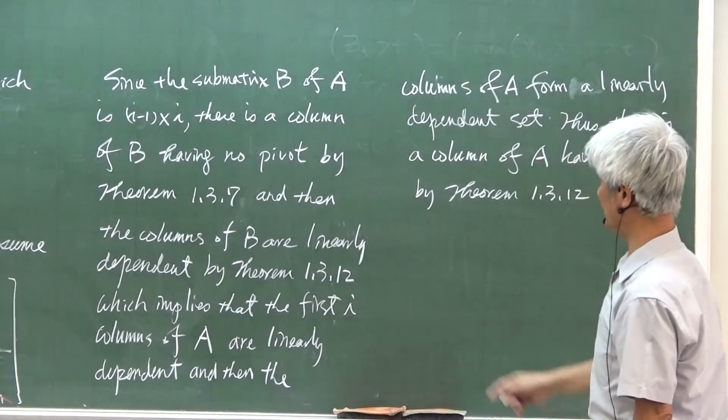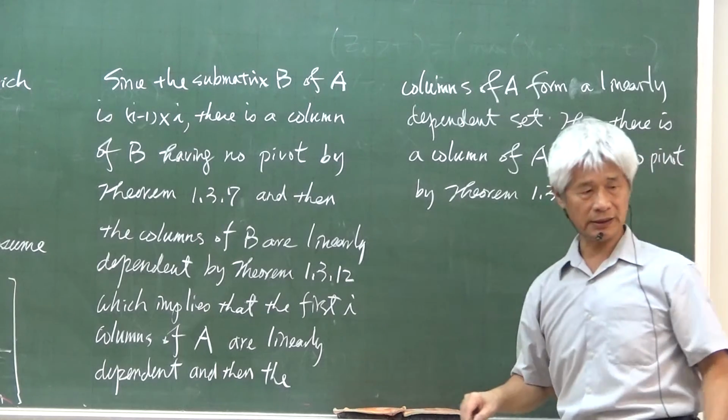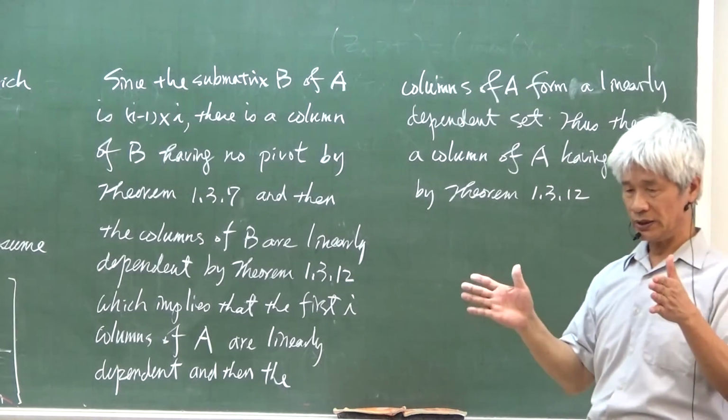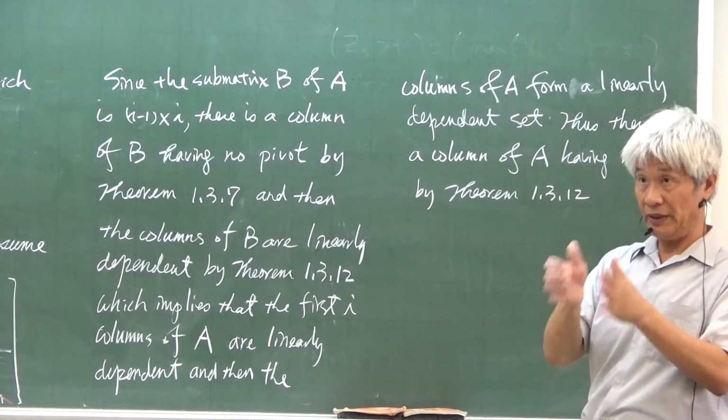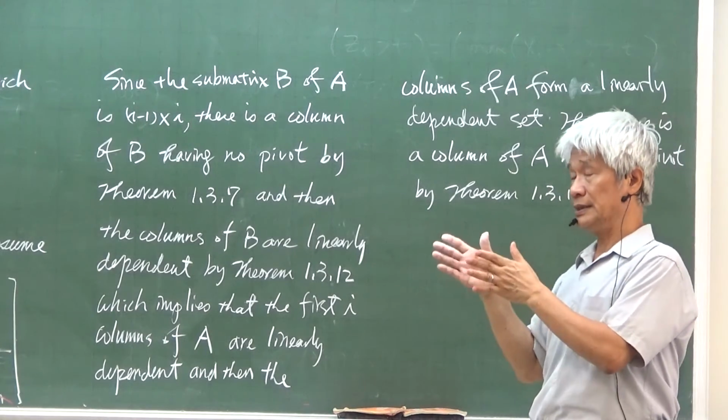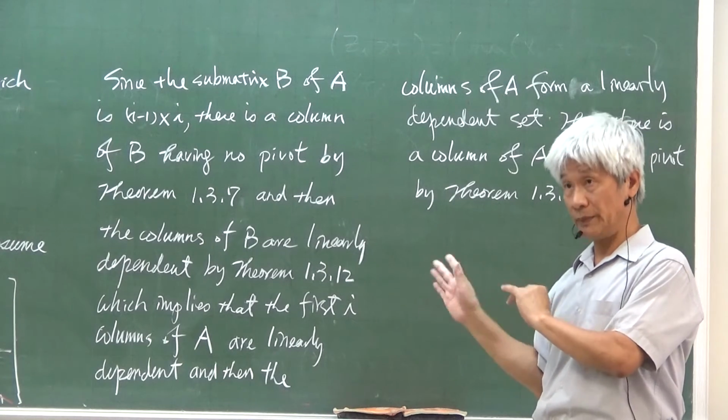Because 1.3.12 tells us that if each column has a pivot, then the set of all columns forms a linearly independent set.